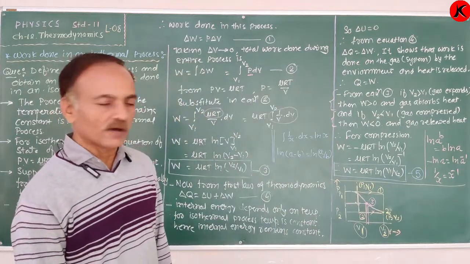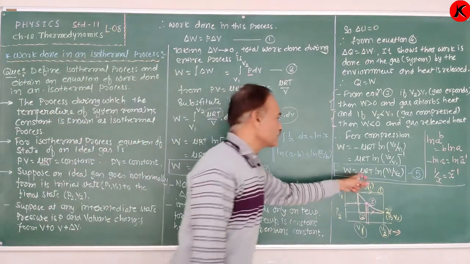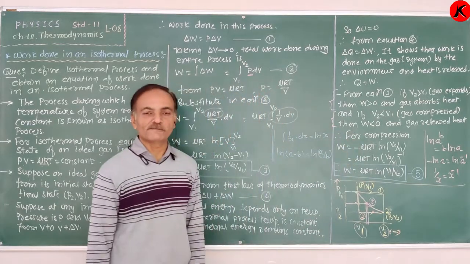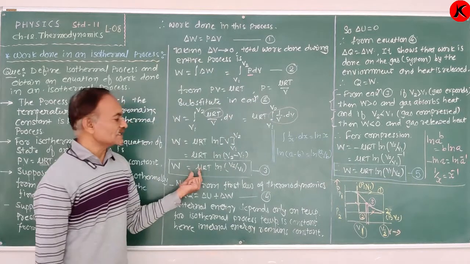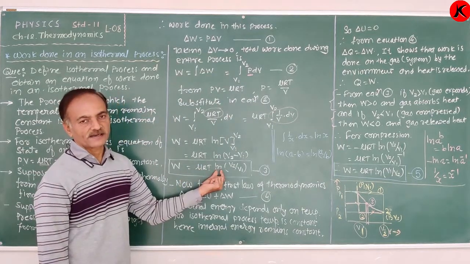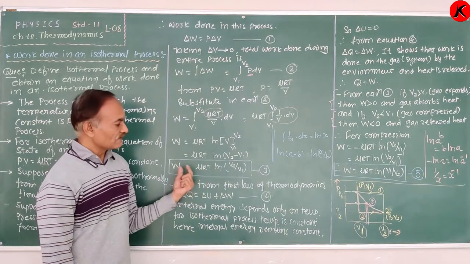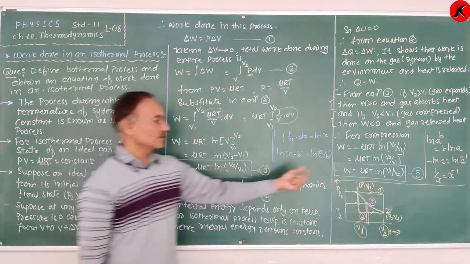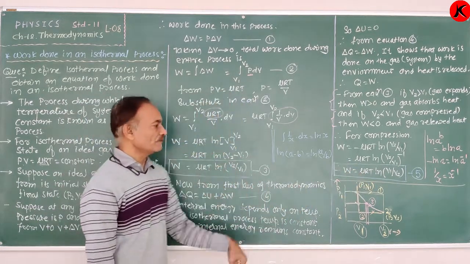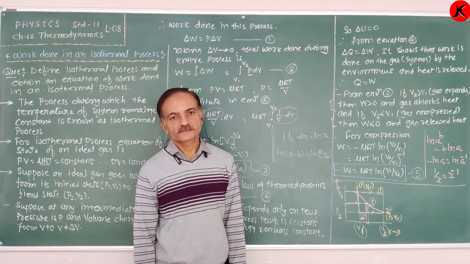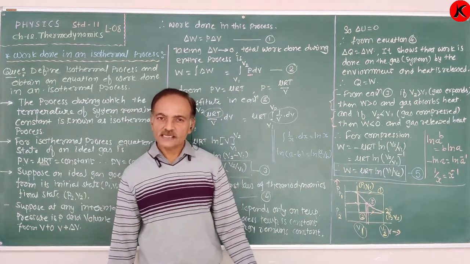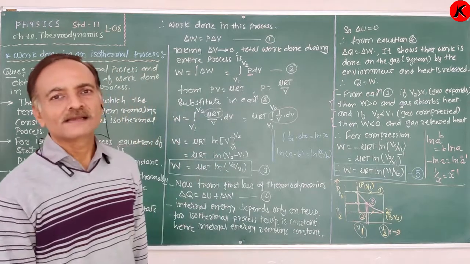That is the equation for the gas compressed during the isothermal process, and there is the expansion of a gas, the work done. So both equations are the same, but here the ratio is different. Here V2 upon V1, here V1 upon V2. Clear this? Very easy, totally mathematical.